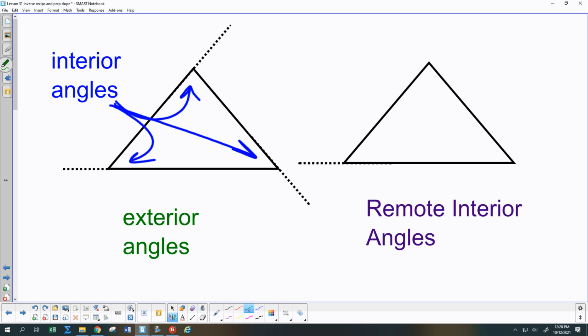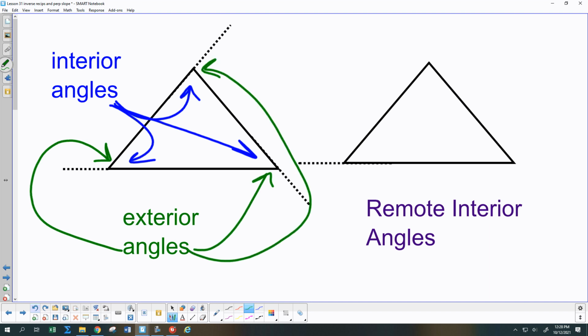To get an exterior angle, you take your polygon, for us a triangle, and take, at a vertex, extend one of the sides. And then the angle that you get there is an exterior angle. Doesn't matter which sides you extend. If I had done this one, these would have been vertical angles, and I would have gotten the same angle measure. And just so it doesn't confuse us, I won't put those extra ones in. I would also have an exterior angle here, and I could do the same thing here. I could do one at each vertex.